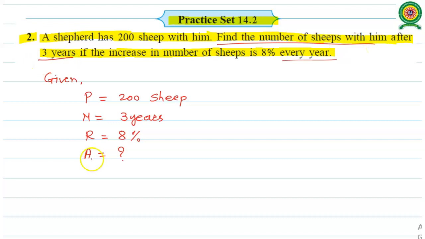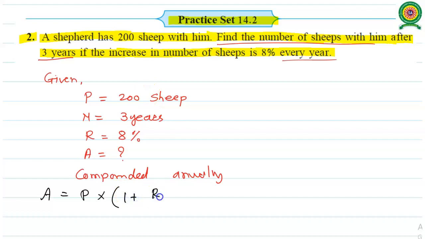Okay, so that means we have to evaluate the amount A. Since it is compounded annually, as per compound interest, to evaluate the amount of sheep at the end of the 3 years, A equals the principal value, meaning sheep at the start, into (1 plus rate divided by 100) whole to the power of the duration.